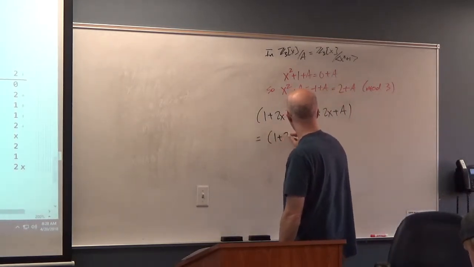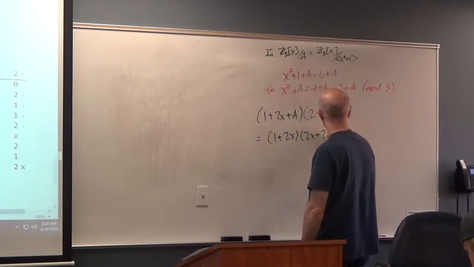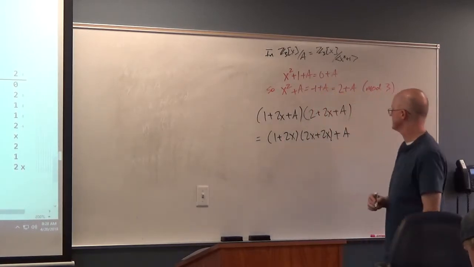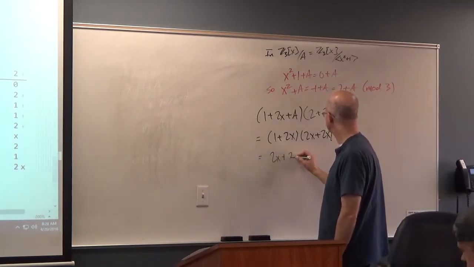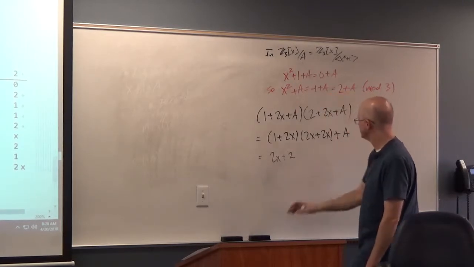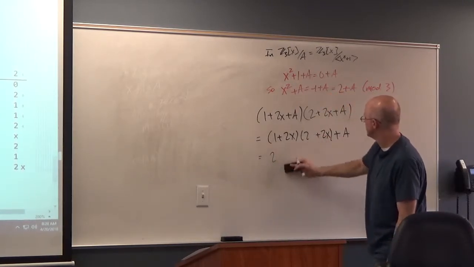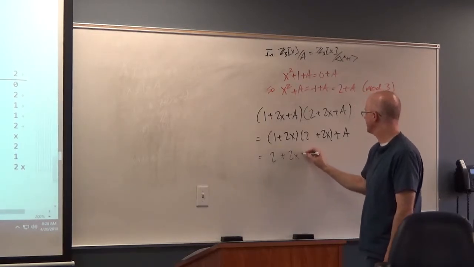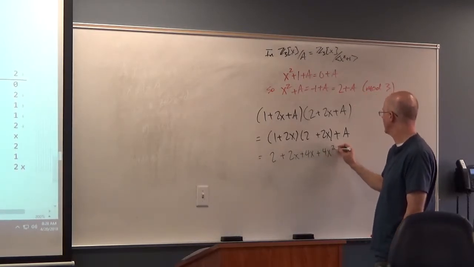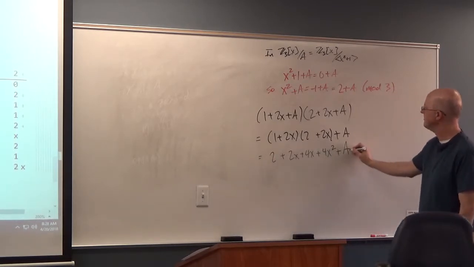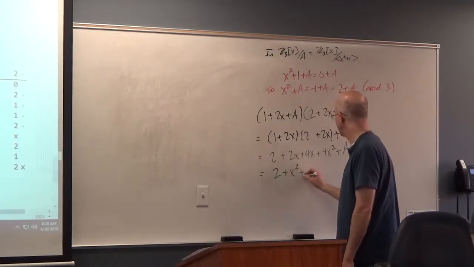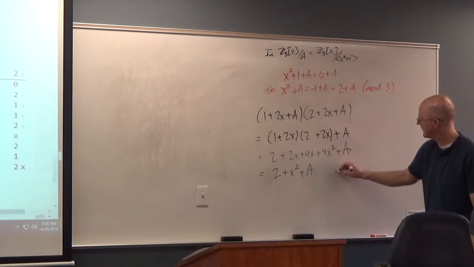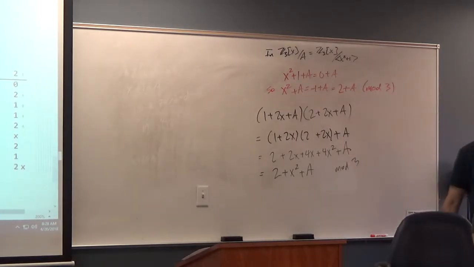Go ahead and multiply the coset representatives. That is the factor ring multiplication operation. Foil it out to get 2 plus 2x plus 4x plus 4x squared, plus A, mod 3. This can be simplified to 2 plus x squared plus A, mod 3, since 6x is 0 and 4x squared is x squared.